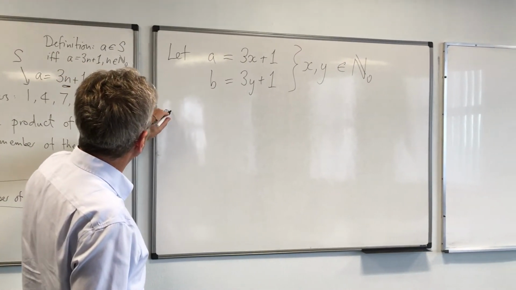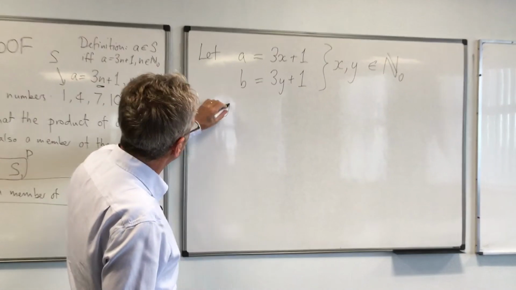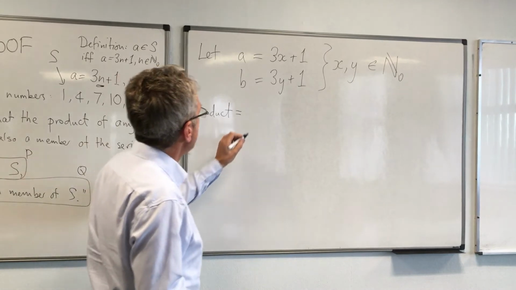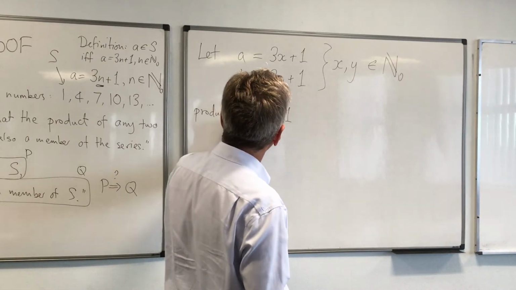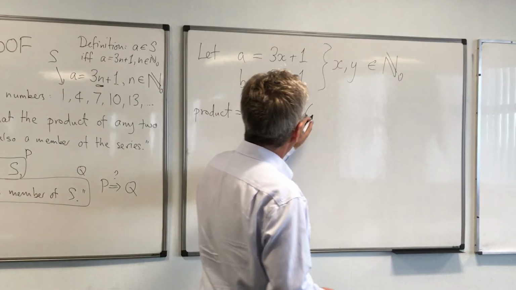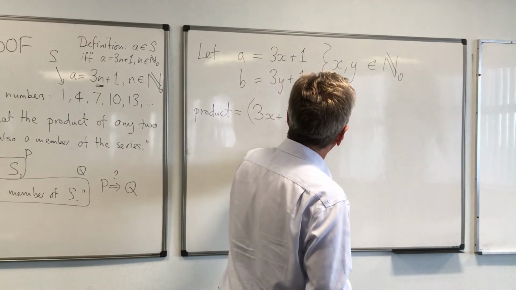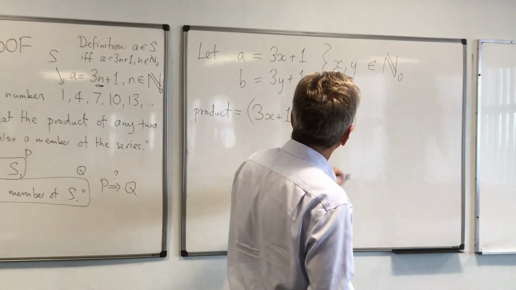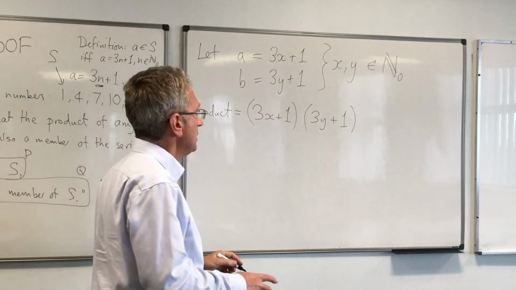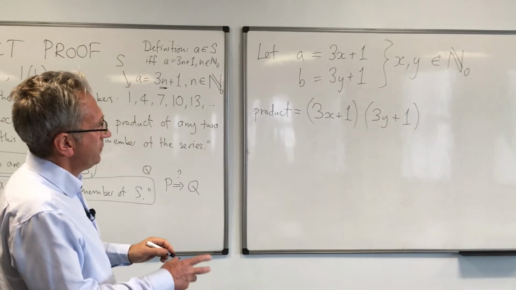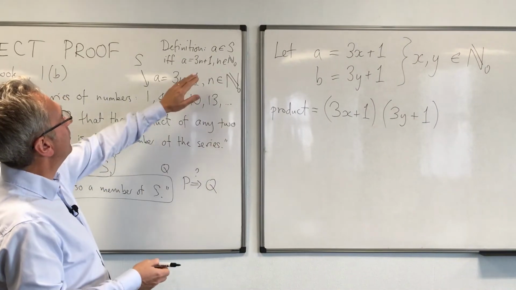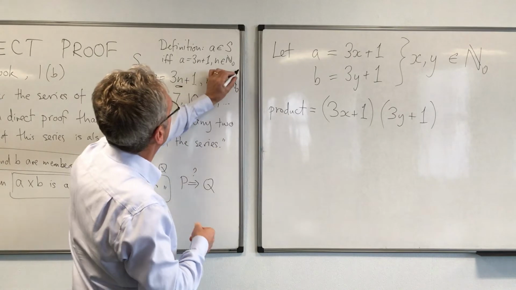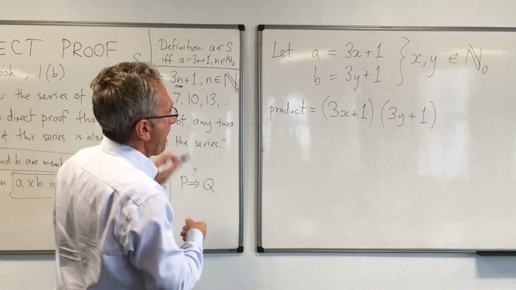So the product of A and B is going to be 3x plus 1 multiplied by 3y plus 1. So we're trying to show that that's in the required form, and the required form is in my definition here.